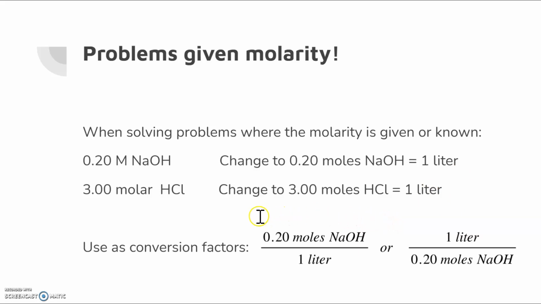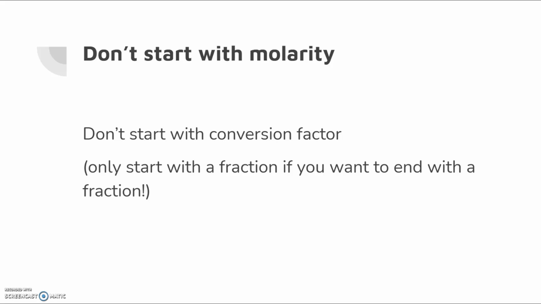When you use it as a conversion factor in the middle of a unit analysis problem, you may write the fraction with the 0.2 moles of sodium hydroxide on the top and the liter on the bottom, or you may write the conversion factor with the liters on the top and the moles on the bottom, depending on what units you need to get rid of and what units you want.